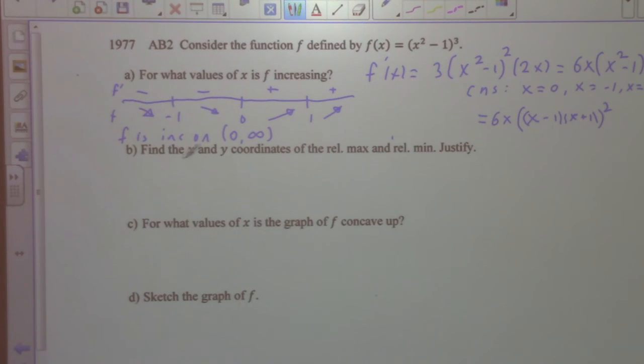So we have a relative min of -1 where x is equal to 0. And why is that? Because f prime changes from negative to positive.